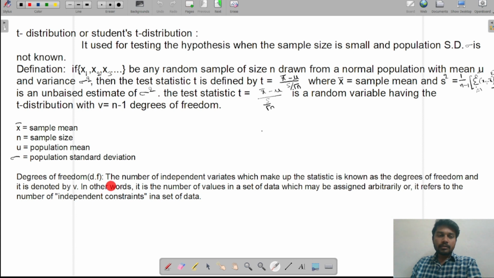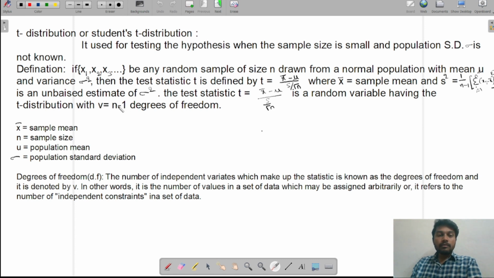In other words, it is the number of values in a set of data which may be assigned arbitrarily, or the number of independent constraints in a set of data. This is what is meant by degrees of freedom, and the value of nu equals n minus 1.